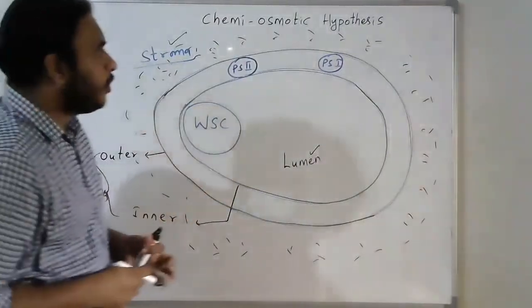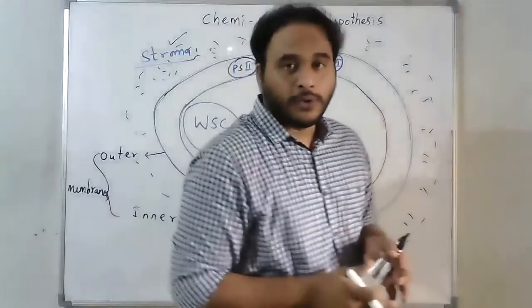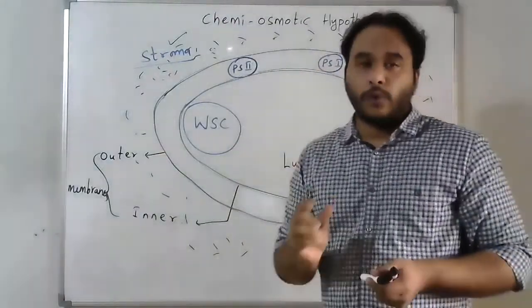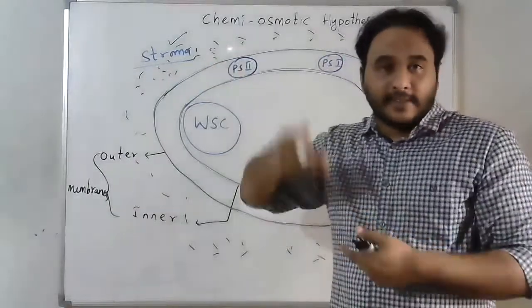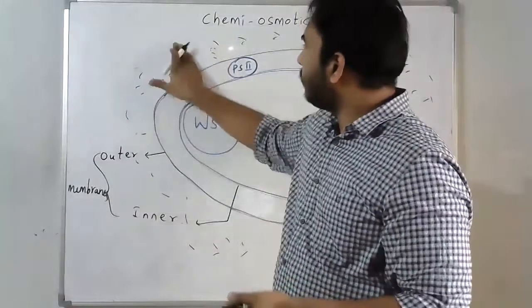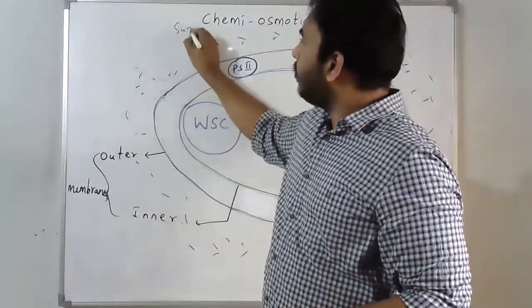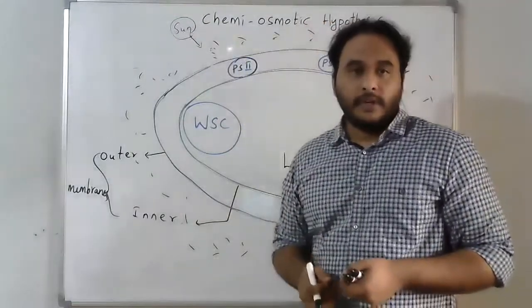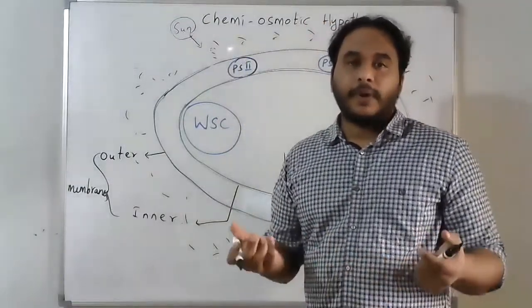Okay, coming to photosystem 2 and photosystem 1, what are they? These are nothing but photosystems, which accept the light from the sun. First, the sun emits light in the form of radiation, of course EMR, right?